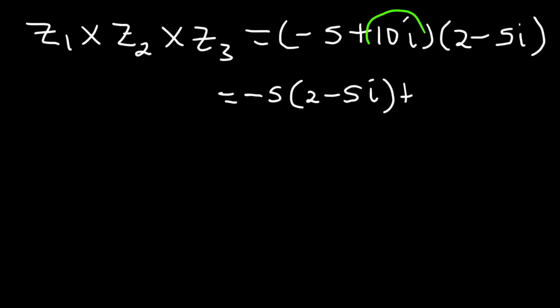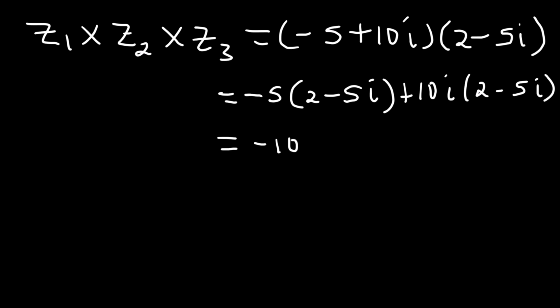Now we shall get 10i and multiply it by the second bracket, and this will give us 10i times 2 minus 5i. This will be equal to negative 5 times 2, which is negative 10, and then negative 5 times negative 5i, which will give us positive 25i.